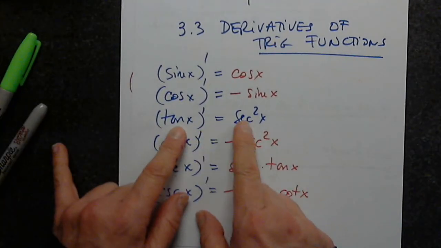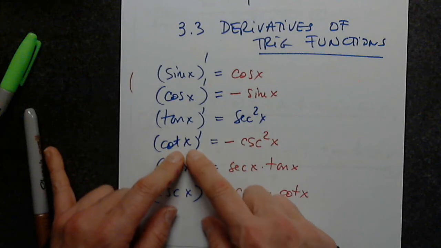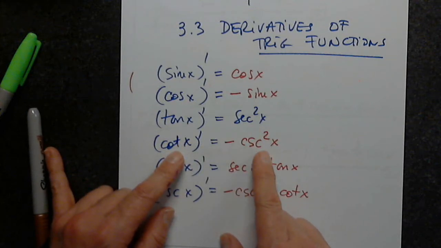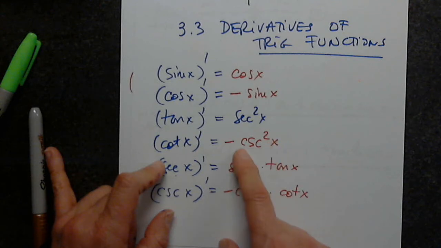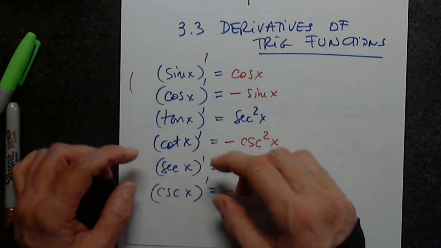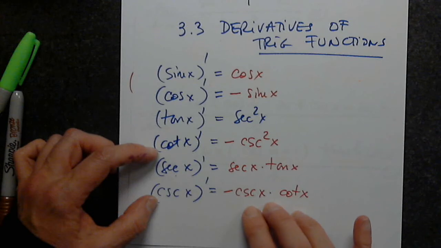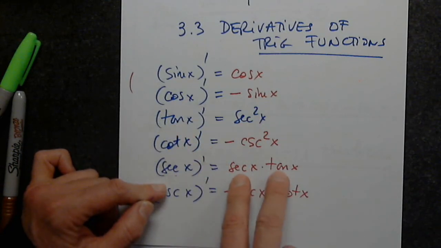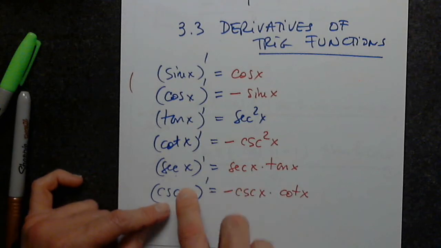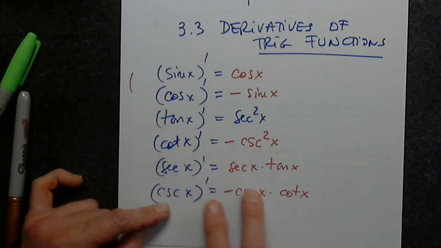So now tangent and secant squared, cotangent and negative cosecant squared. Cotangent starts with c, cosecant squared starts with c, but it's negative. The last two are a product. Secant, as you see, secant tangent. Cosecant, as you see, they are together.